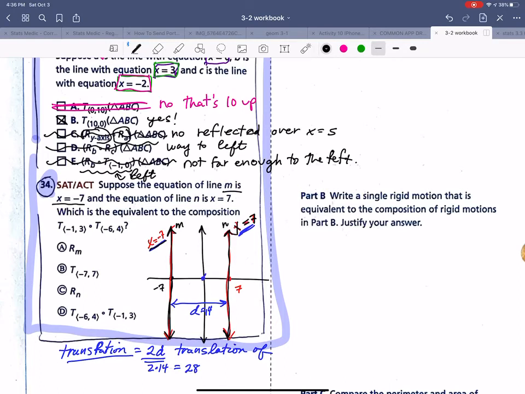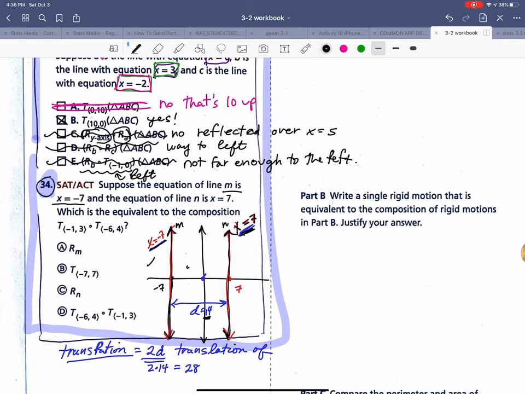Now we said in class, interestingly enough, if you reflect over this line and then you reflect a second time over this line, you'll end up a distance 2 times that distance. I don't think it's necessarily going to come up in this question, but I thought, ooh, this is interesting for us to think about.